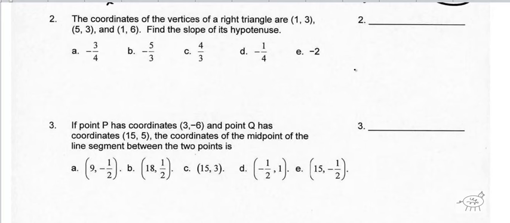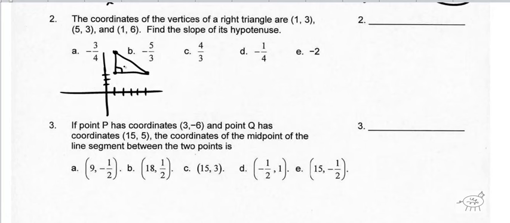You know, to me, you got to plot some of these points to see where we're at here, math fans. 1, 3 is here. 5, 3 is here, and 1, 6 is like here. So here's your triangle, just to get an idea what it looks like, because you don't know which one you're looking for.